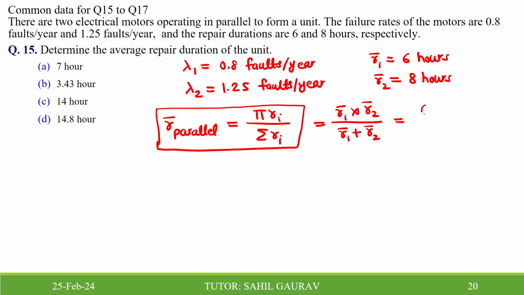So you get 6 into 8, and 6 plus 8 is 14. So 48 by 14 is 3.43 hours. This is the answer. Therefore, B is the correct answer.